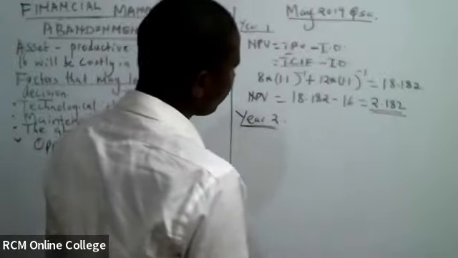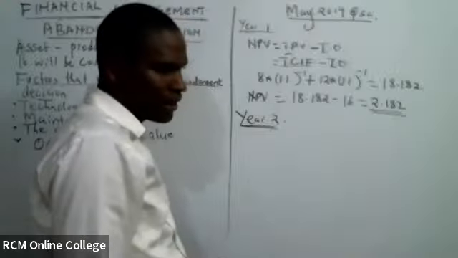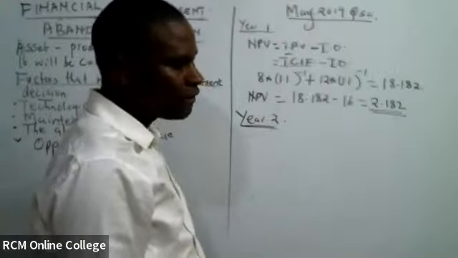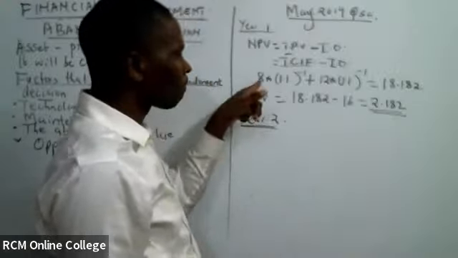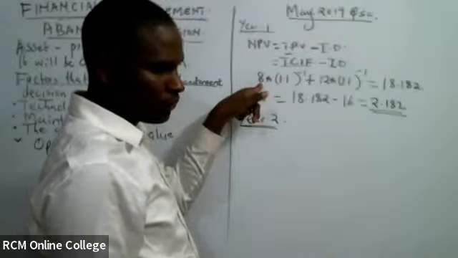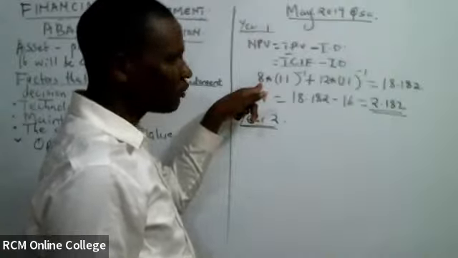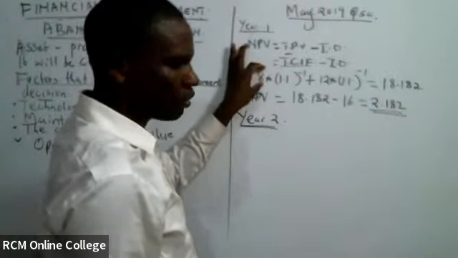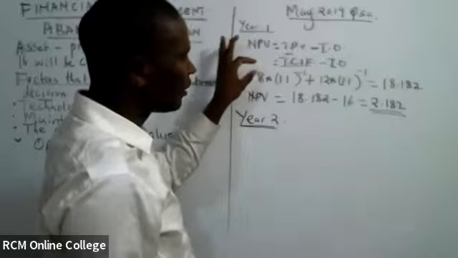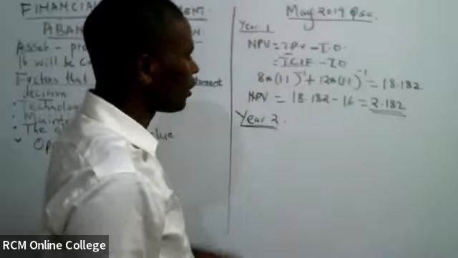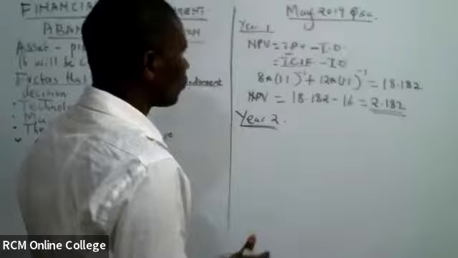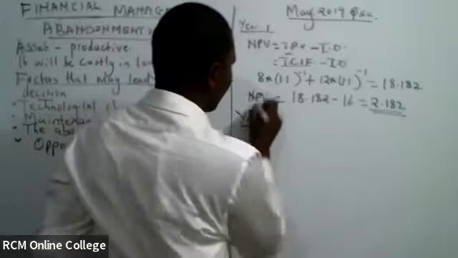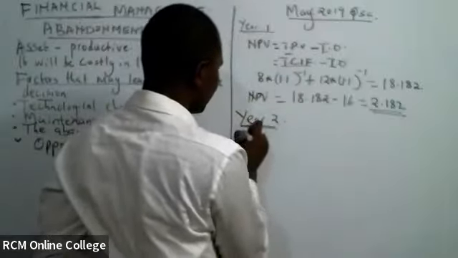Yes, I want you to note that in year 2, this cash inflow will also be included. It will be part of the inflows. Therefore, we shall be having this one, the 8.